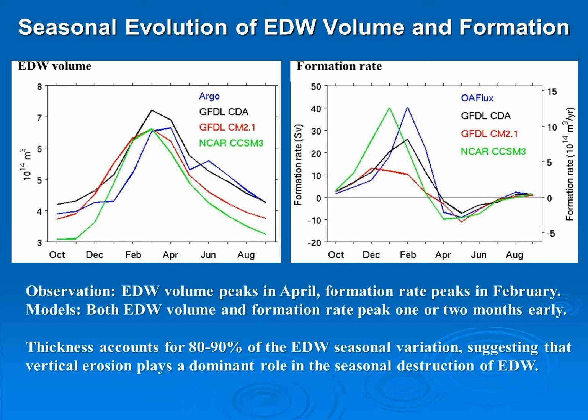Also, I did not show it here, but I want to point out that 80 to 90% of the seasonal cycle of EDW volume is explained by the thickness. It suggests that vertical erosion plays a dominant role in the seasonal variation of EDW volume. This is true for both observations and models.